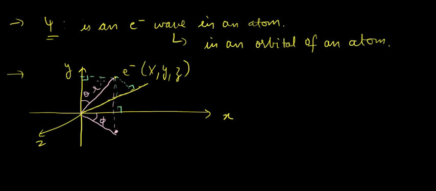So this was r, theta, phi as the polar coordinates which we mentioned in the previous lecture, and x, y, z as the Cartesian coordinates.